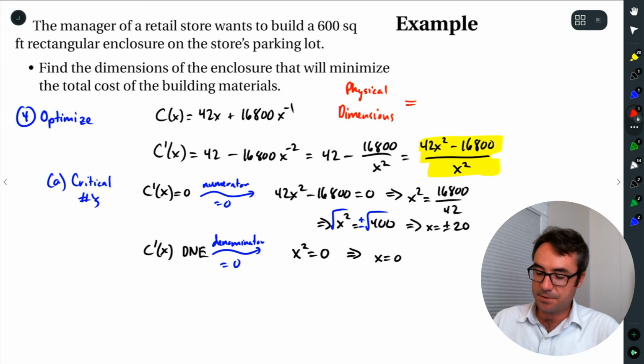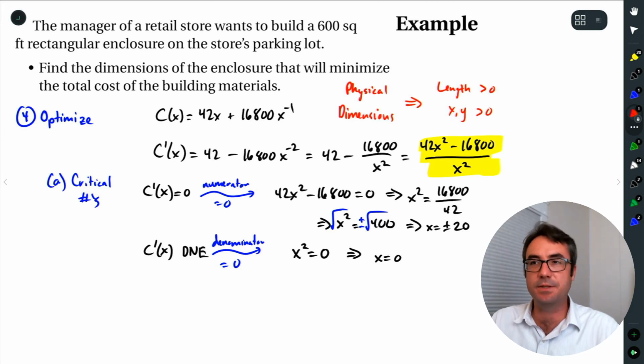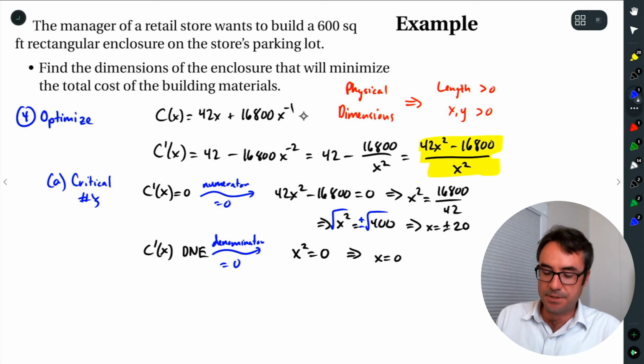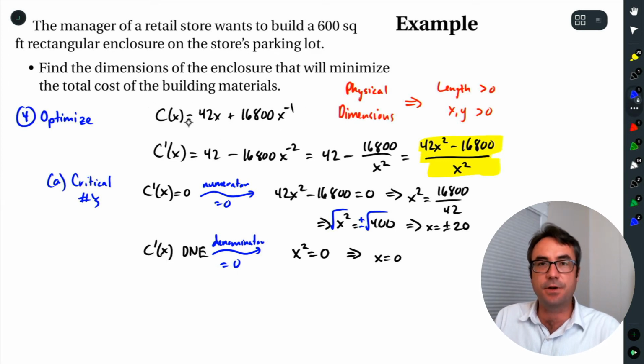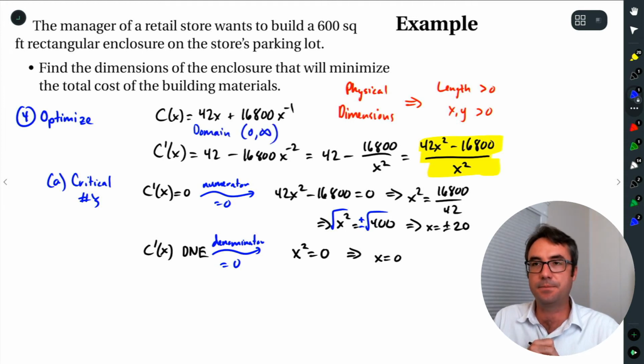That means we want the length to be greater than 0. So x and y, whatever we find, we want them to be bigger than 0. And so when we talk about this objective function, this cost function, x can't just be anything. x has to be greater than 0. So the domain here is really the interval from 0 to infinity.